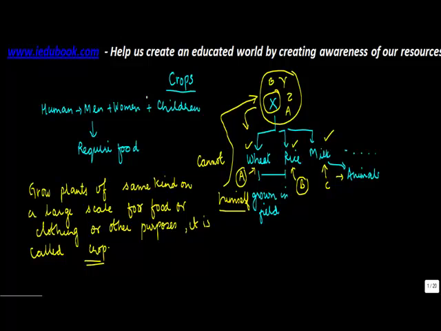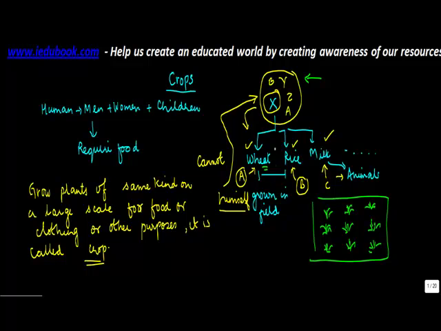So instead of growing wheat for myself, I grow a particular field. Let's say this is my field. So I will grow large number of plants which will give me wheat. And this wheat will be sufficient to take care of the requirement of the entire group.